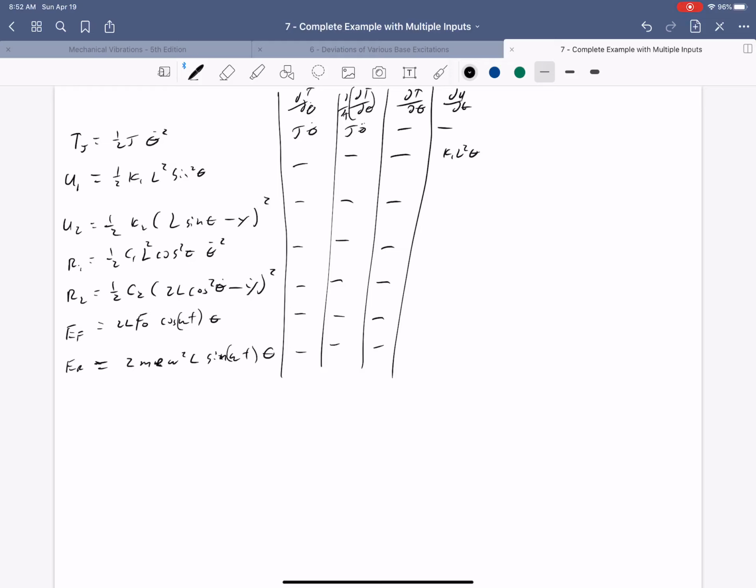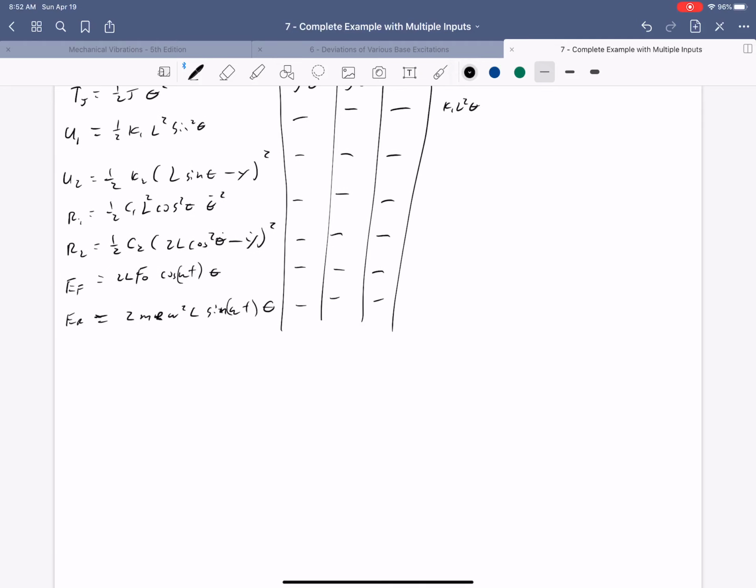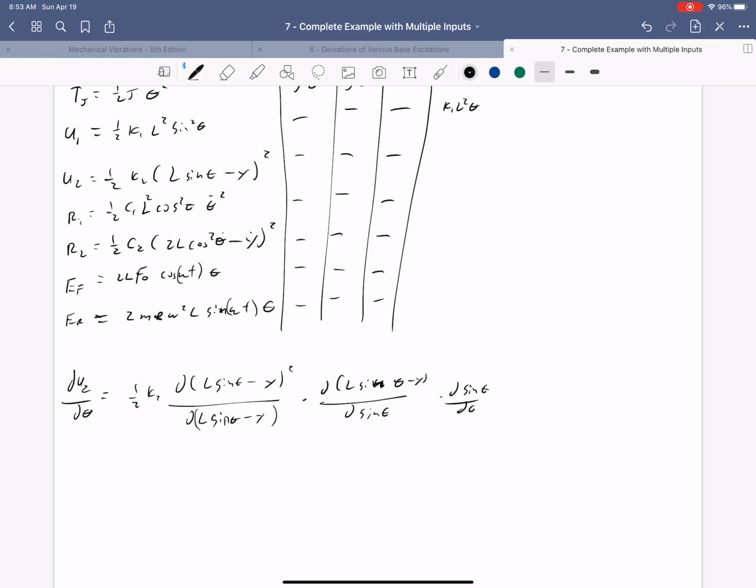And then this one, let's just do that derivation together just in case we've forgotten. And it's always useful to do any of these more complicated ones. It is equal to 1/2 k2 of (L sine θ minus y) squared. So I'm just working my way through: here's a function, and then here's a function, and that last one times d(L sine θ minus y), d sine θ times d sine θ dθ.